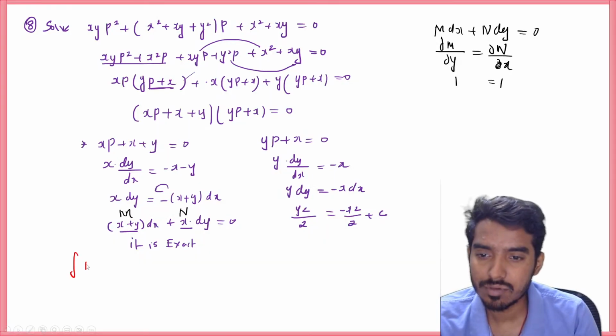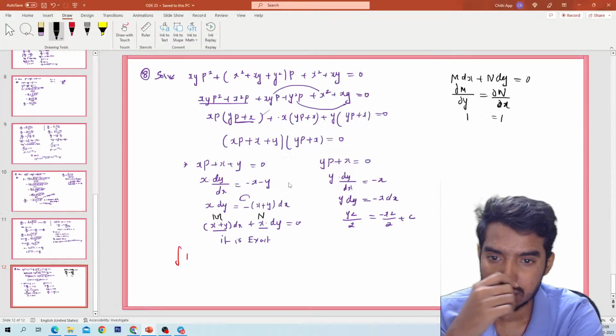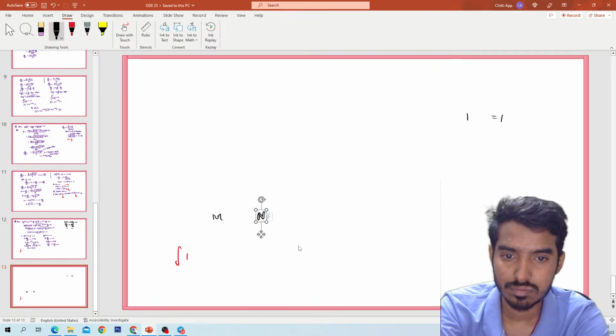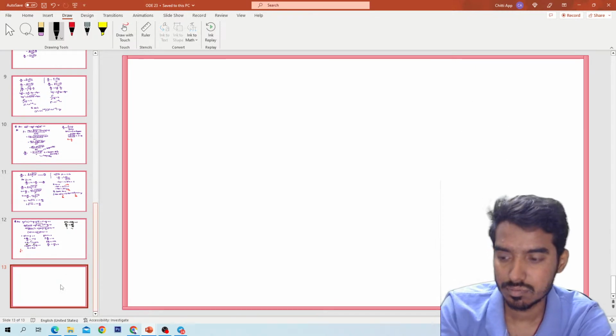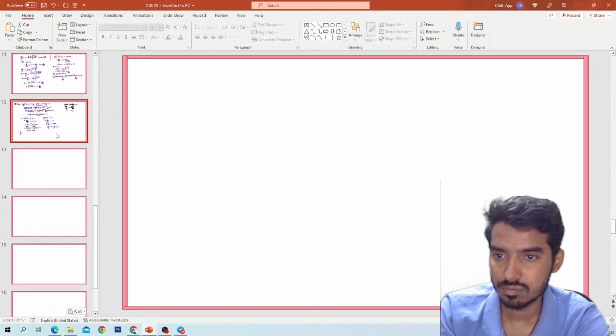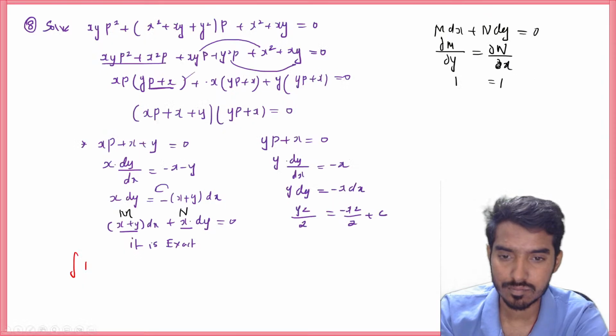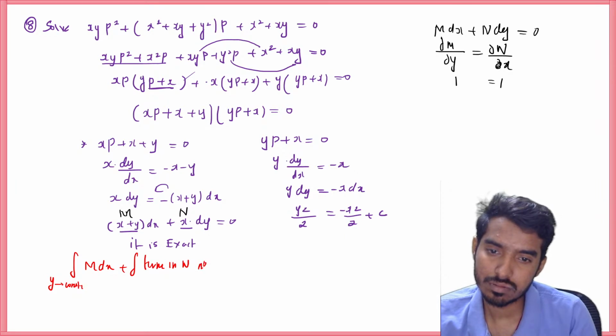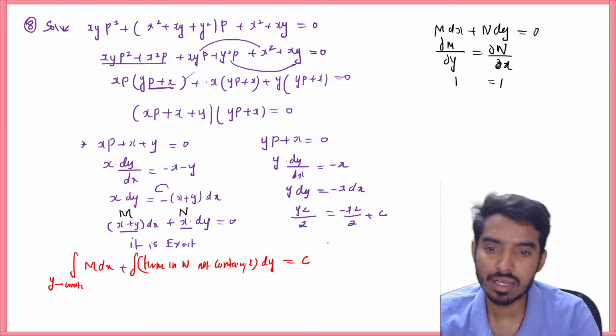So the solution is integration of M dx, take y as constant here, plus integration of terms in N not containing x dy, equal to some constant c, right?